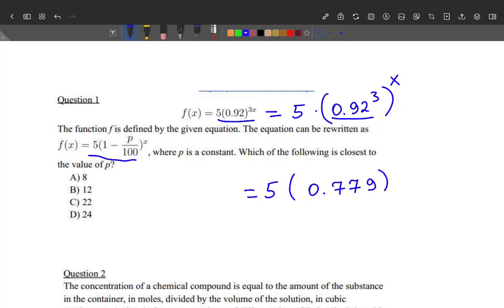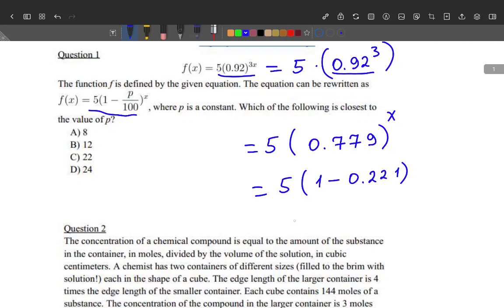Okay. X. And I can write like this term. It means 5, 1 divided by 100. So the answer is C.